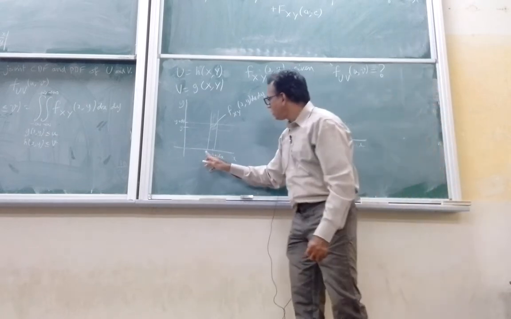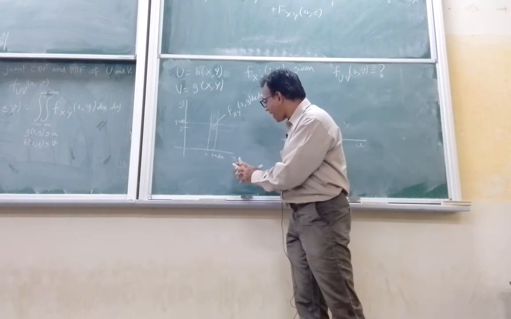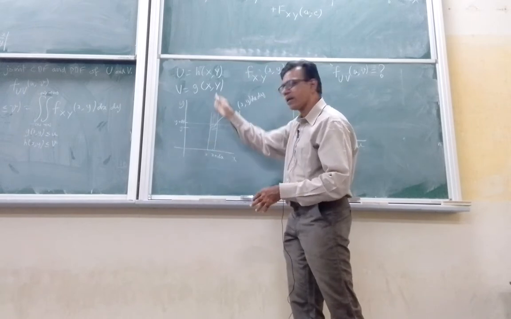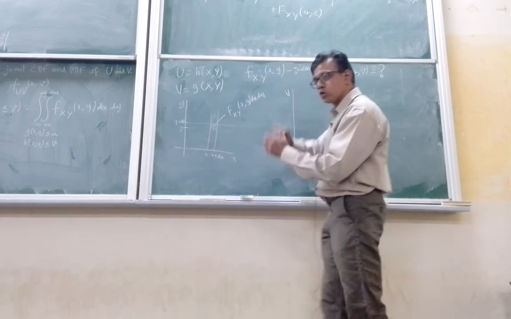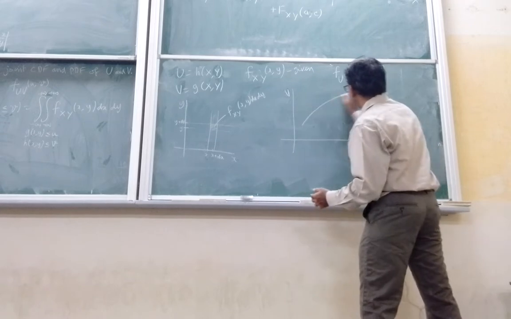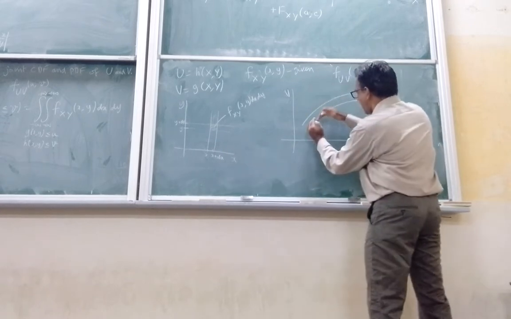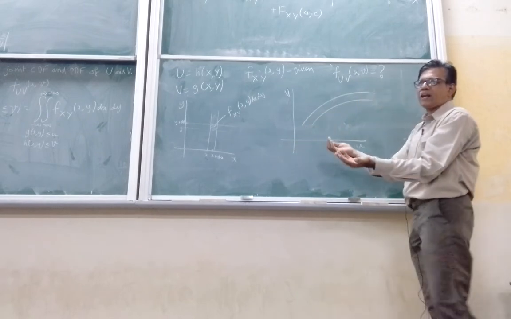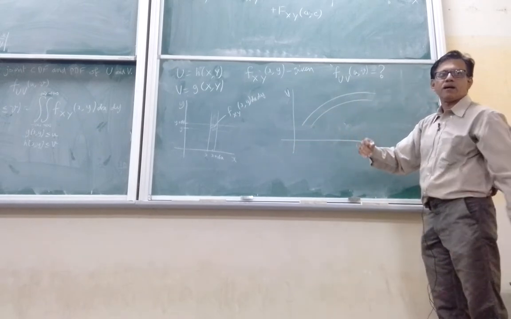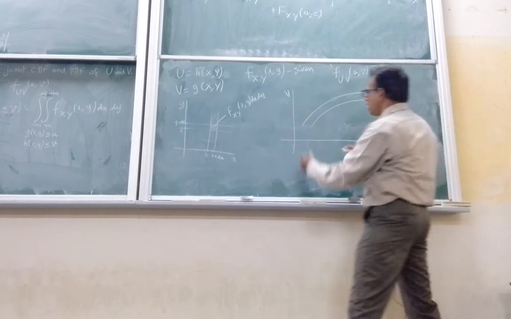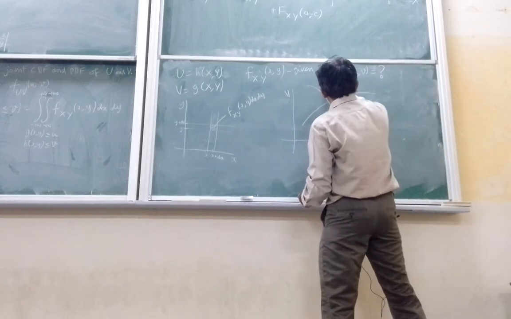What is this line? This is x equal to this x, and this is the line x plus dx. These two will be curves. And x plus dx will be a curve which will be mostly parallel to it, slightly different from it. That's what we would expect. And similarly, v and v plus dv will be two curves like this.